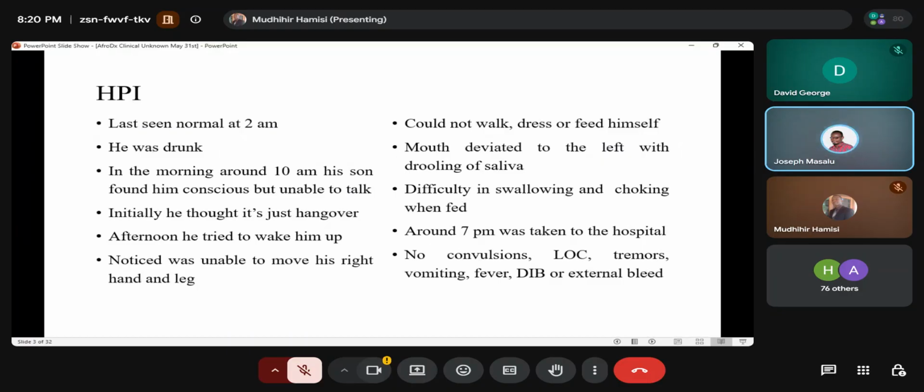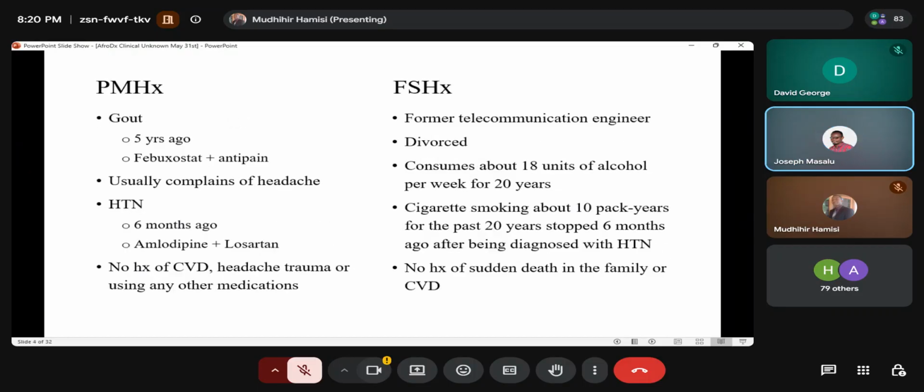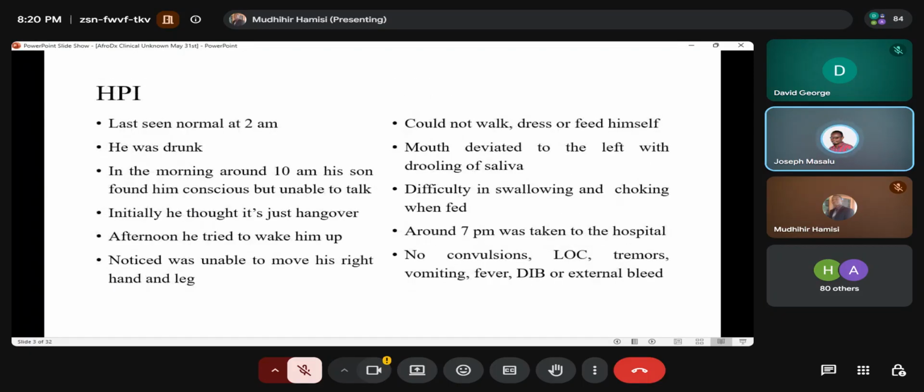So everything that Mudhihir was saying here still localizes this disease to the left side of the brain. As you're saying, the patient is right-sided, so we say the dominant hemisphere should be the left, and the patient is aphasic. Again, right hand and leg inability to move them.